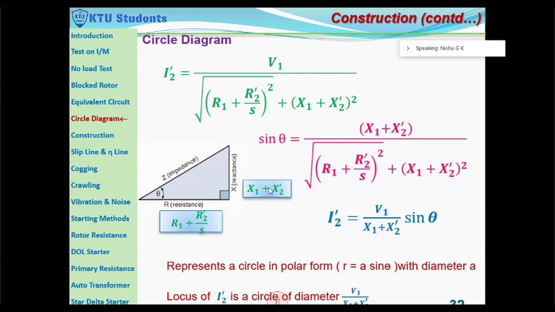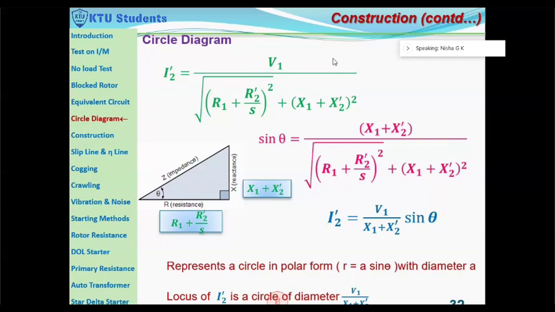So the impedance will be equal to root of the square of R1 plus R2 dash by S plus the square of X1 plus X2 dash. Taking sine theta corresponding to this, the sine theta component will be equal to X1 plus X2 dash, the opposite side, divided by the hypotenuse Z. So I2 dash will be equal to V1 by Z, and here you have X1 plus X2 dash by Z. We can rearrange this: you can multiply and divide by X1 plus X2 dash.